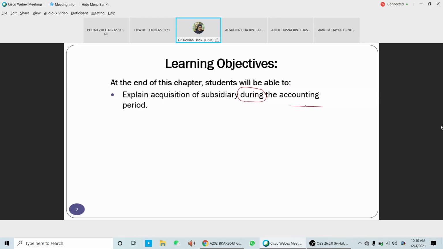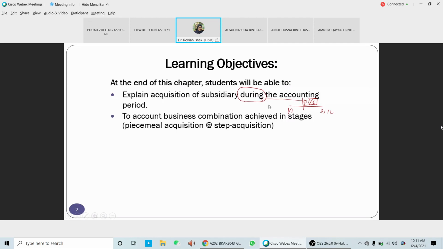For example, the accounting period is from 1st of January until 31st December, but you acquired on 1st of June. So this 1st of June is considered as an acquisition during the accounting period, not at the beginning of the year.